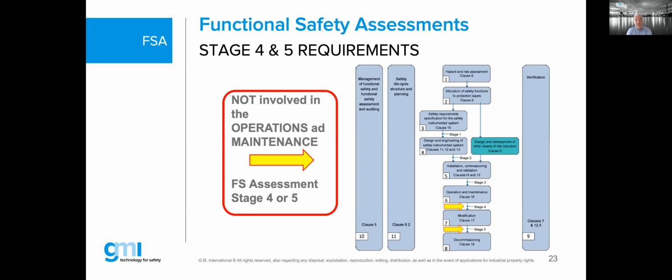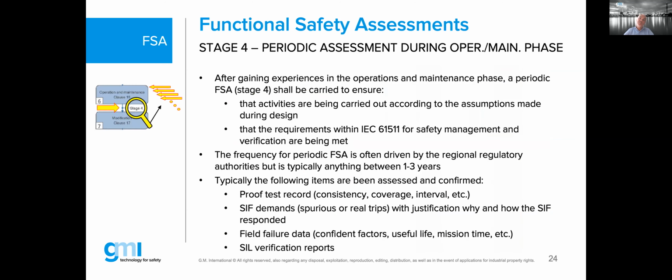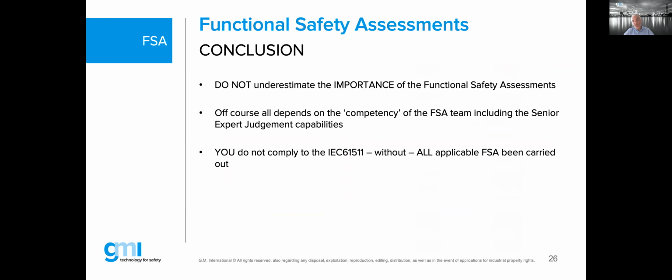So clearly, logically, your proof test interval shall be at least shorter than your functional safety assessment interval and not vice versa. I think it's a very clever question. Whoever did this, bravo. I think you are from Italy, but yes, it makes sense that your proof test interval would be shorter than your stage 4 frequency.